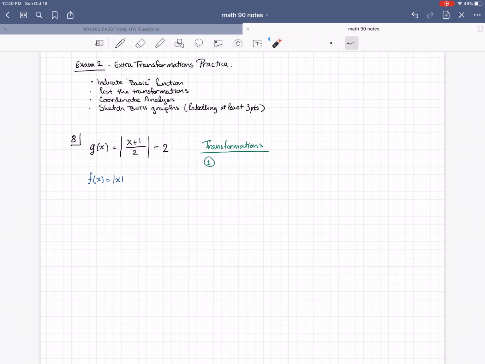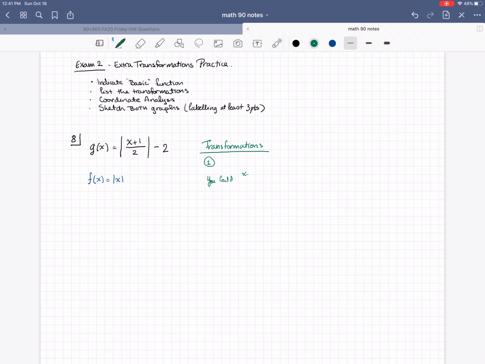Notice that we're dividing by 2 inside of the absolute value. So this is an x-coordinate transformation. And what you could do, if you find this helpful, is rather than writing it with a bar like that, x plus 1 over 2, let me make it a little bit more clear.